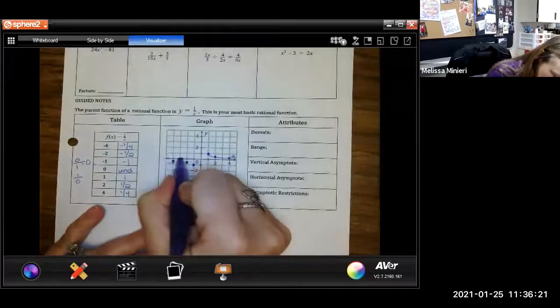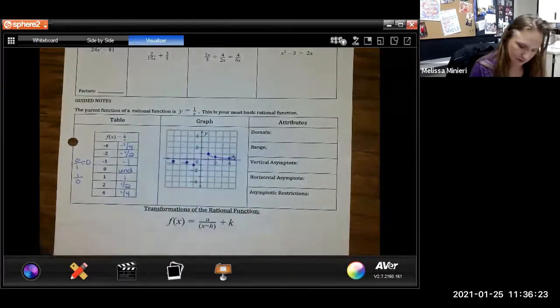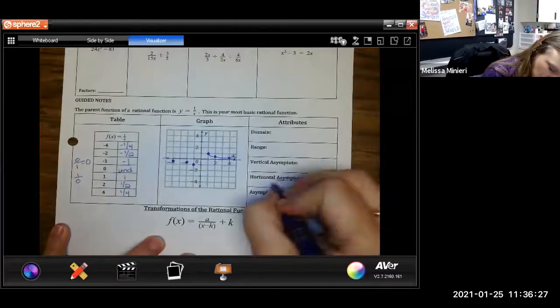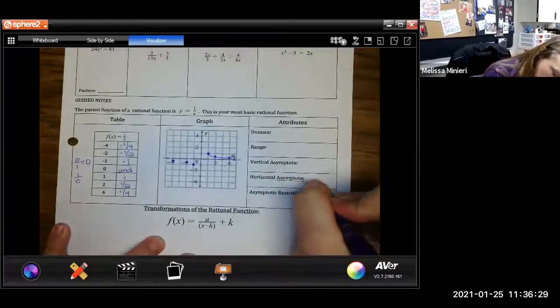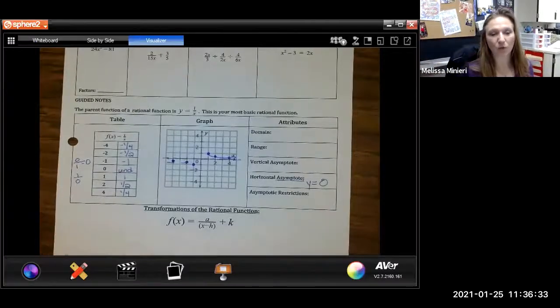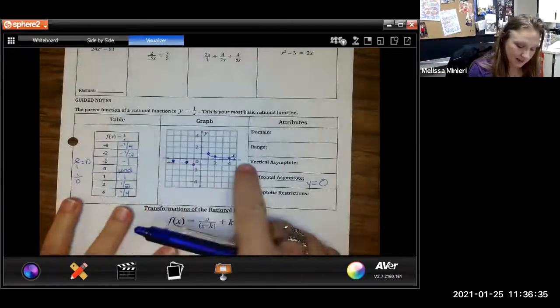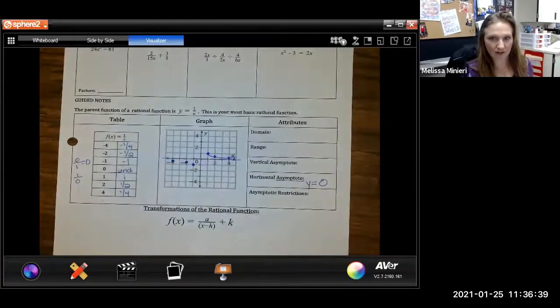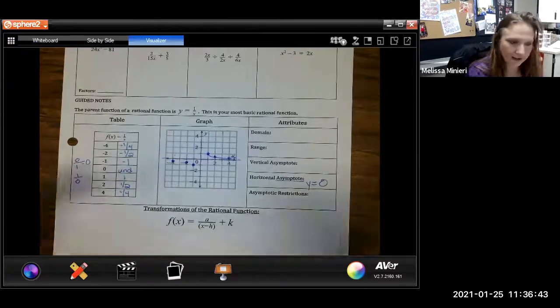That is because we actually have an asymptote here. We have a horizontal asymptote at y = 0. It is getting closer and closer to this line, but it will never reach it. So the asymptote is not a part of the graph, but it is kind of a guideline for the graph because we know that it's going to approach that line.